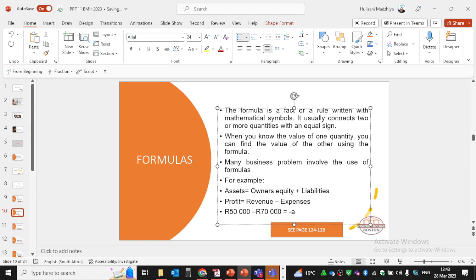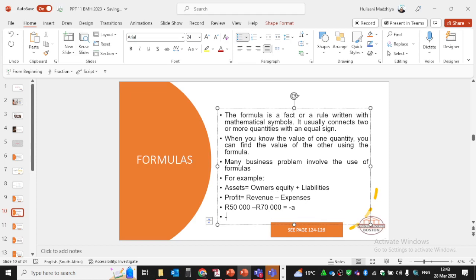So the value that will be left on this side will be minus 20,000 equals minus A. Since we've got a minus A, and we don't actually want a minus A, we'll have to divide everything by negative 1. Once we divide everything by negative 1, we're going to have a positive A being equal to 20,000.